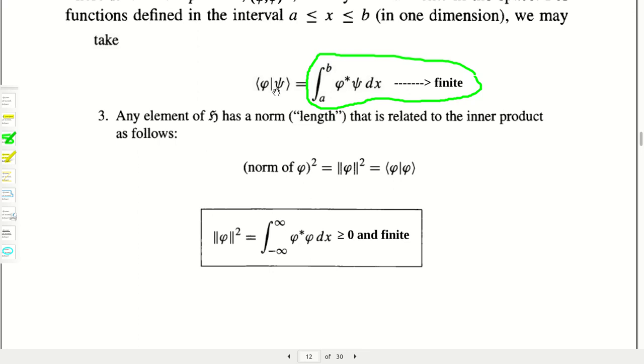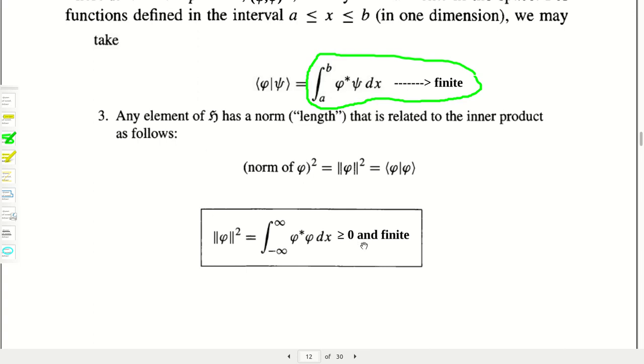If you replace psi by phi in the projection equation, then phi comma phi will be there, so the integral will be phi star phi dx. If phi is a wave function, then phi star phi is the probability density, so it should be greater than or equal to 0, and the total probability of finding the particle between minus infinity and plus infinity should be greater than or equal to 0 and finite.